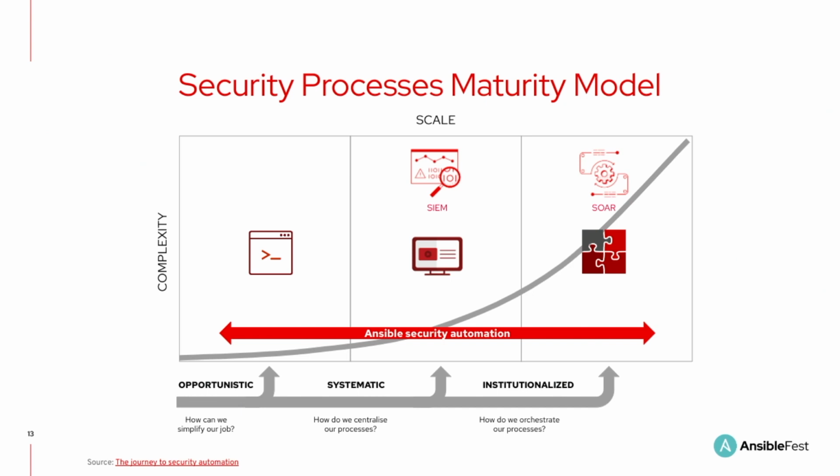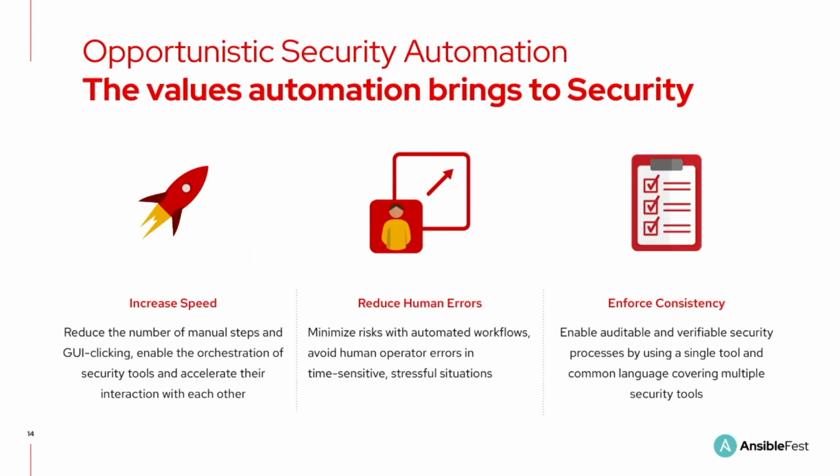With SOAR platforms, we find ourselves with not only the ability to do correlation, but the ability to do automatic remediation. And this is where Ansible ties in. We actually do have some integrations with some SOAR platforms where our automation capability is the thing that delivers that automation and remediation componentry.